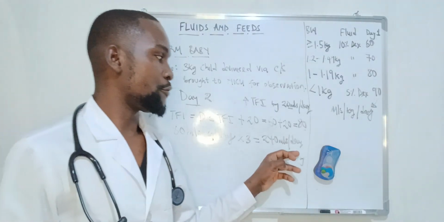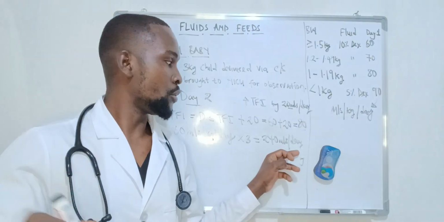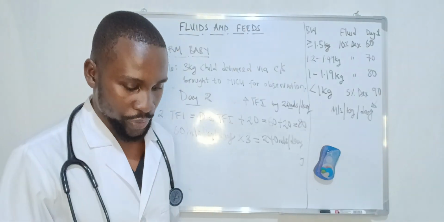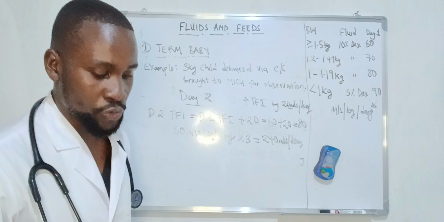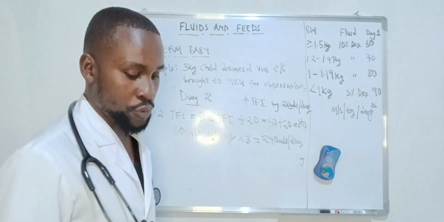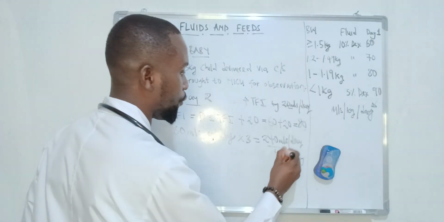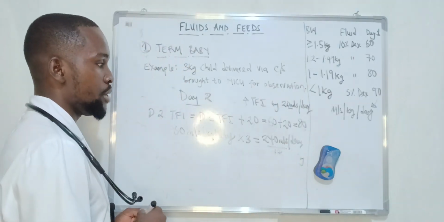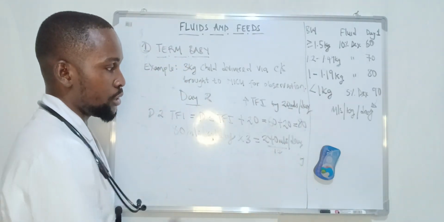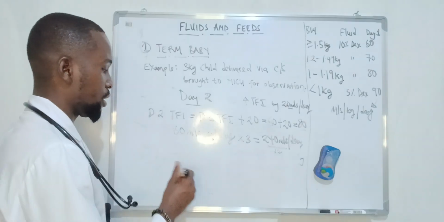Remember that this 240 mils, we need to give it 2 hourly. So we divide 240 by 12, and it will give you 20. Because you want to feed 2 hourly, when you divide it by 12, it gives you 20.